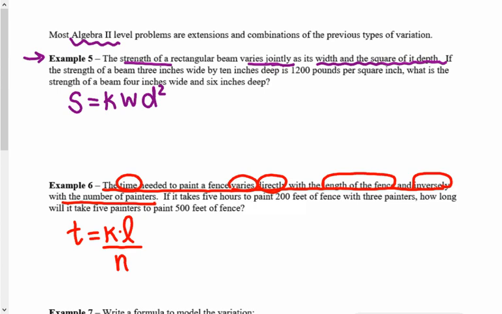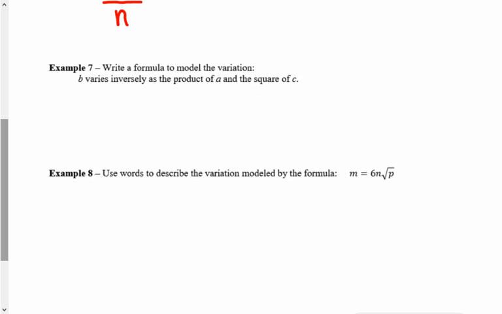And then you can go ahead and look at example 7 and example 8. You're just trying to write those out. Let's take a look at them. In example 7, it's just given you a sentence and you're supposed to write the model. B, we write B. Varies means equals K. Inversely tells me what comes next is on the bottom.